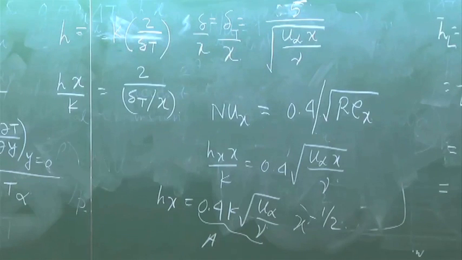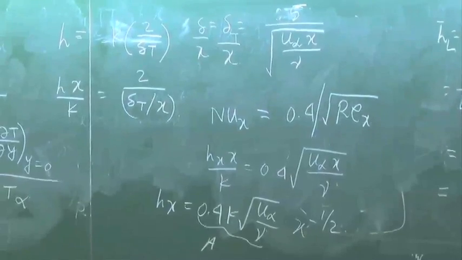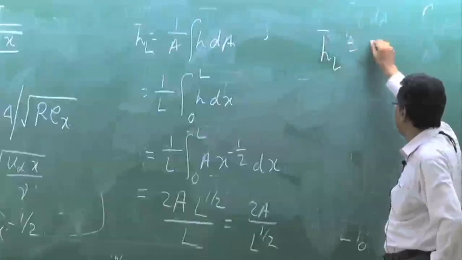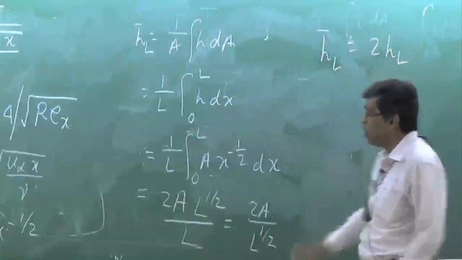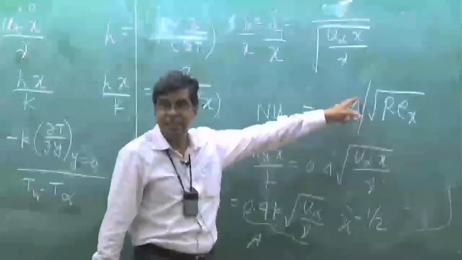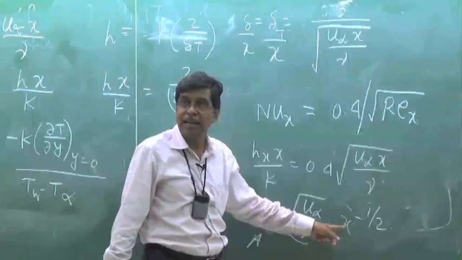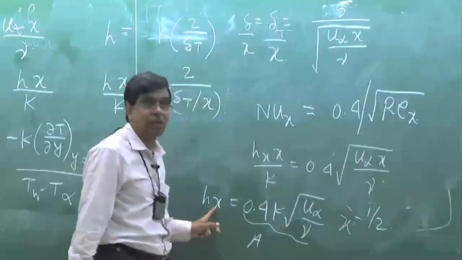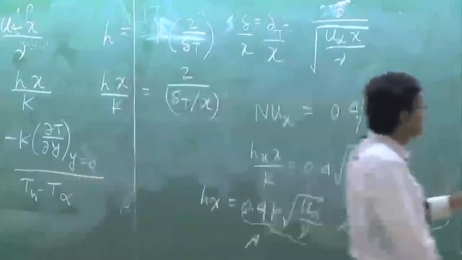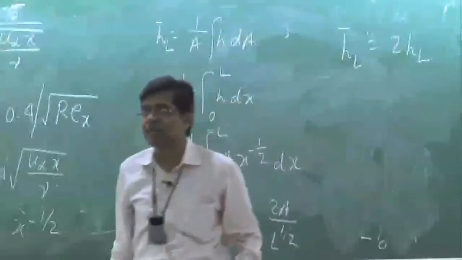Since it is varying with x to the power minus half, this is a very good conclusion. I tell you, it's a thumb rule. HL average over a length L is 2 times the local heat transfer coefficient, which is some constant, 0.4 k root over u infinity by nu, divided by x to the power half. If you put x as L, twice the local heat transfer coefficient at x equal to L equals the average heat transfer coefficient up to that length.